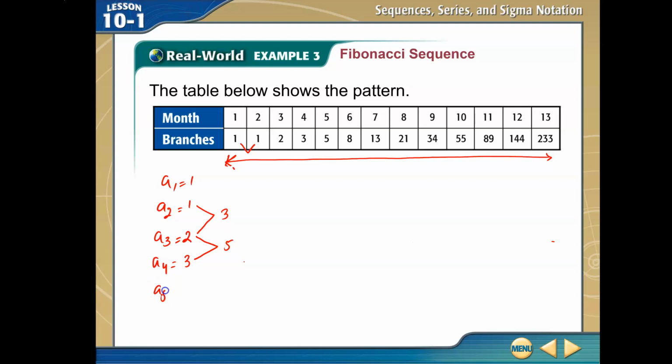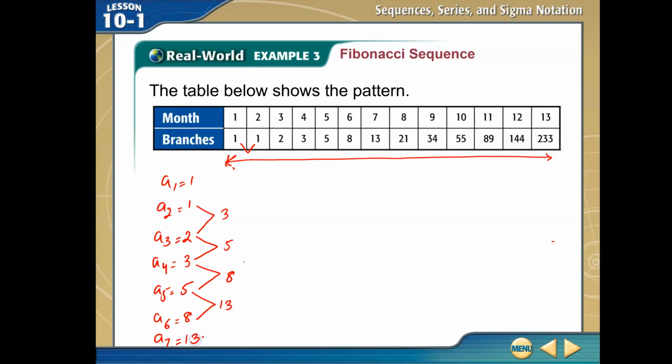So A5 is 5. Now the next term is the sum of these two, which is 8. Sorry, I didn't write the sixth term, which is 8. And these two terms, the next term, A7, equals 8 plus 5, 13.